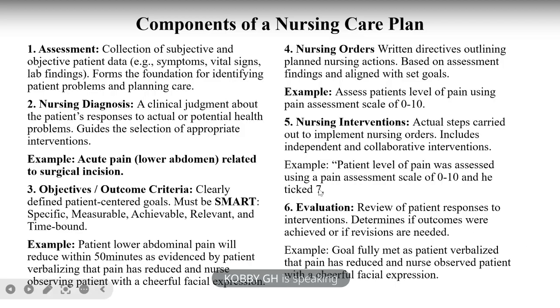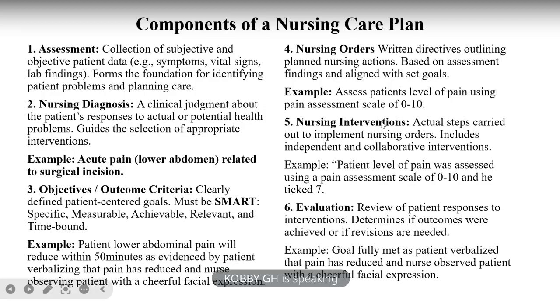So if the patient ticks 7, it means the patient's pain is slightly above moderate. So that means the patient is actually in pain. Do you get it? That means the patient is moderately in pain. Okay, so this is part of the orders that you set when your patient is having pain: assess patient's level of pain.